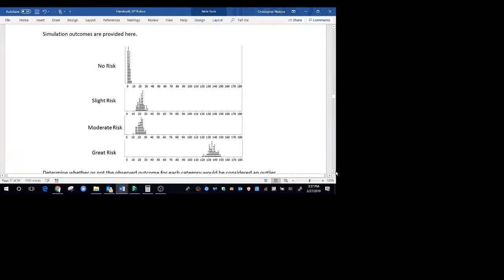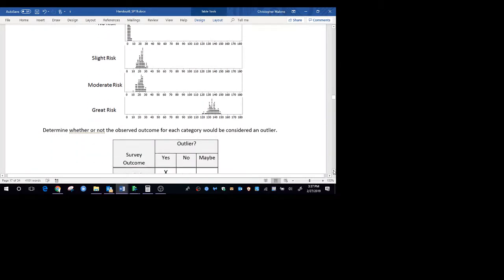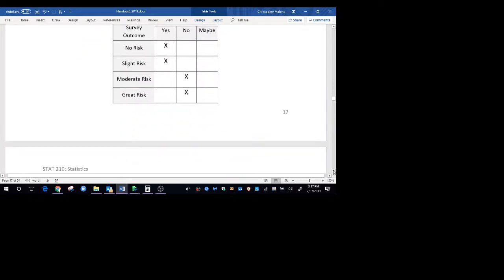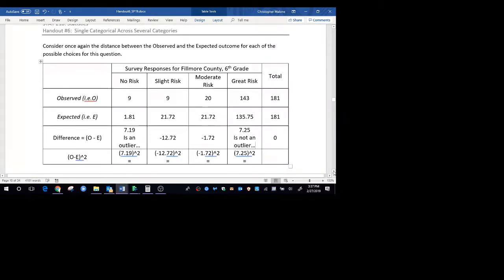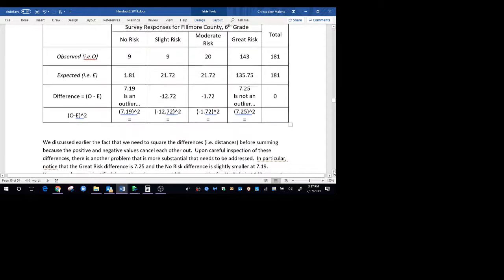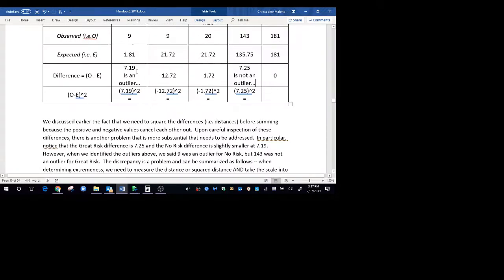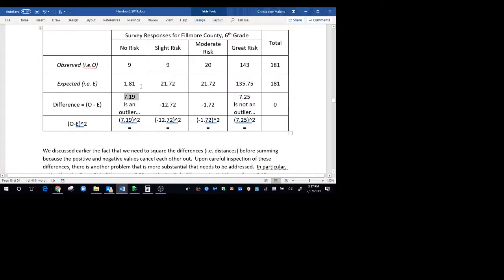So right now, our way of condensing the information does not take that into consideration. We need to be more careful about how we do our condensing. This 7 here needs to take into consideration the fact that the expected is pretty small in this case. And over here, being 7 away is not that big a deal because this expected is so big.